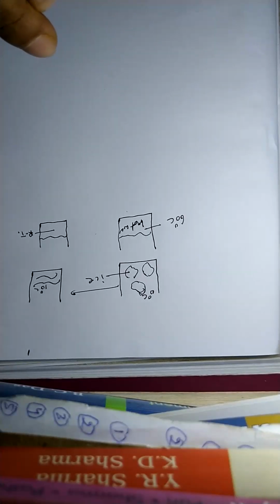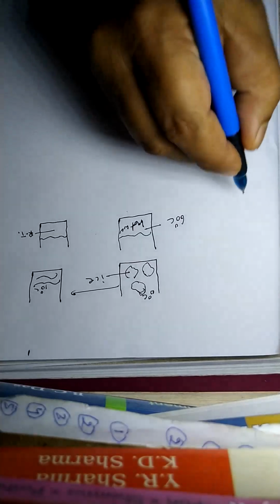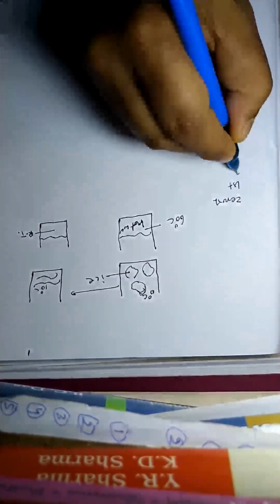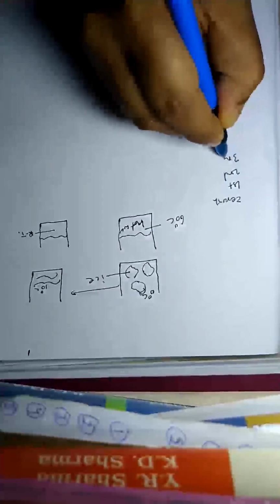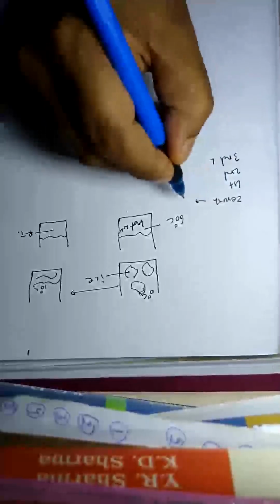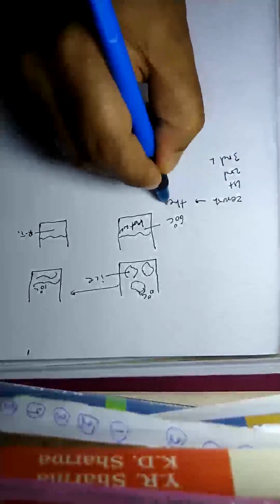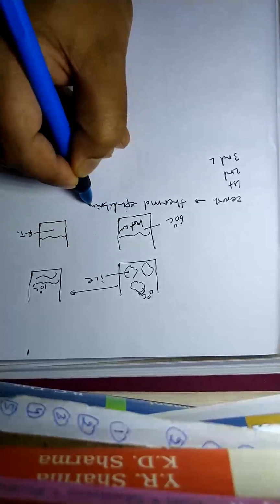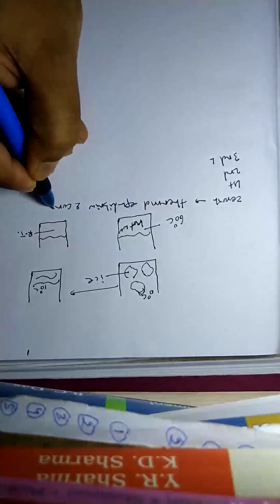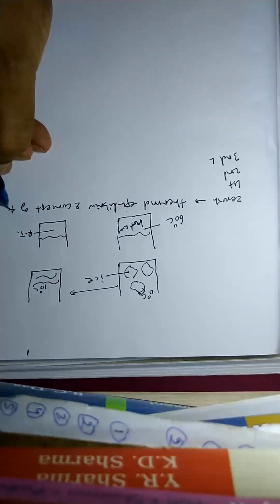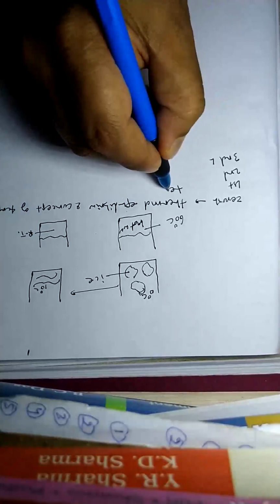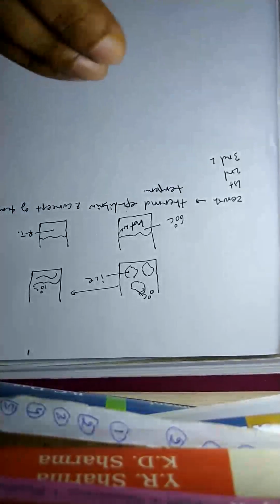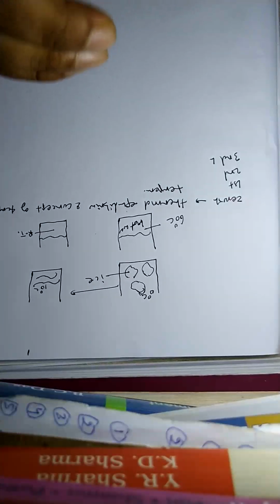So classical thermodynamics is based upon the 4 laws: zeroth law, first law, second law, and third law. Zeroth law of thermodynamics deals with thermal equilibrium and establishes the concept of temperature. We know that the temperature of the system we cannot measure directly.